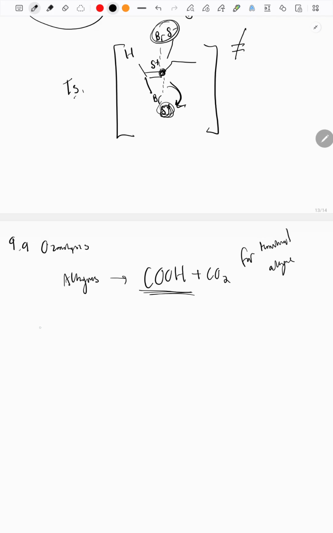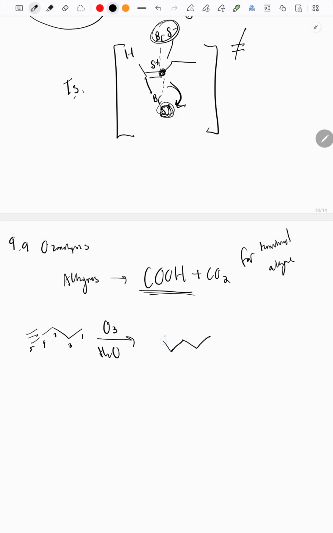Let's do a practice problem. If we had something that looked like this, react with O3 and water, ozonolysis, we should get something like this. So we had 1, 2, 3, 4, 5. 1, 2, 3, 4. 5.